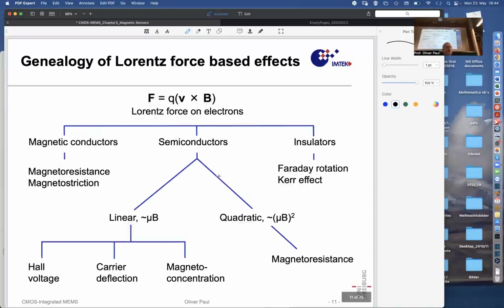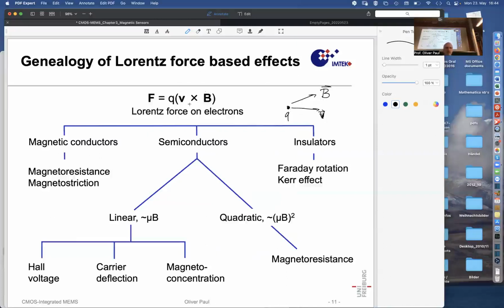So the B is responsible in the Lorentz force for doing something to moving carriers. If a little positive carrier with the charge Q moves in a direction pointed out by this vector V with a velocity V, and there is a magnetic field, what will that V in this B do?